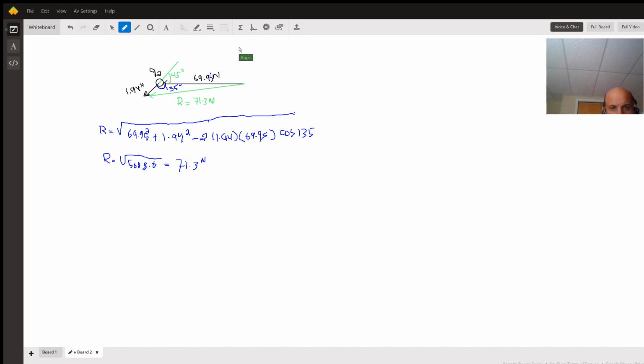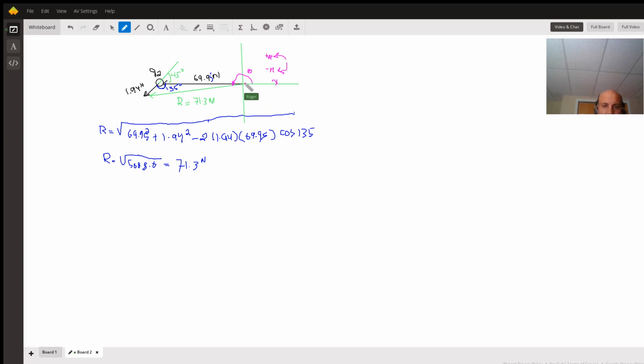If you draw the x-axis like that, the direction is going to be this angle theta, measured from the positive x-axis, counterclockwise positive. So going counterclockwise is positive, and clockwise is negative. That's the sign convention of rotation.